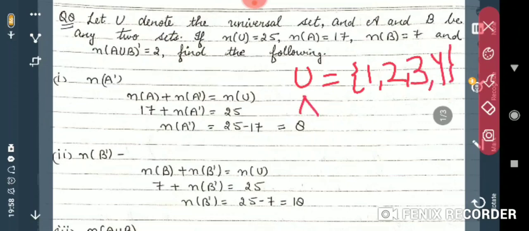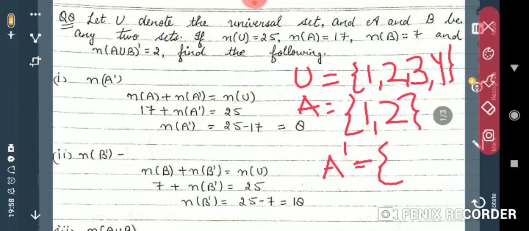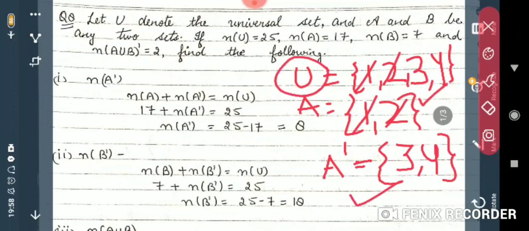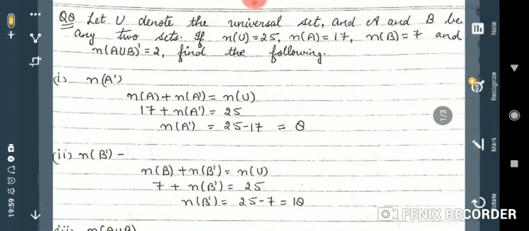The set A has the elements 1 and 2. Now what will be the A complement? As I explained before, A complement means the elements of the universal set not present in A. So the elements are 3 and 4. When you add A and A complement, only then you will get the universal set. Yes or no? When you add 1, 2, 3 and 4, all these 4 elements combine and become the universal set. That's why n(A) plus n(A complement) equals n(U).